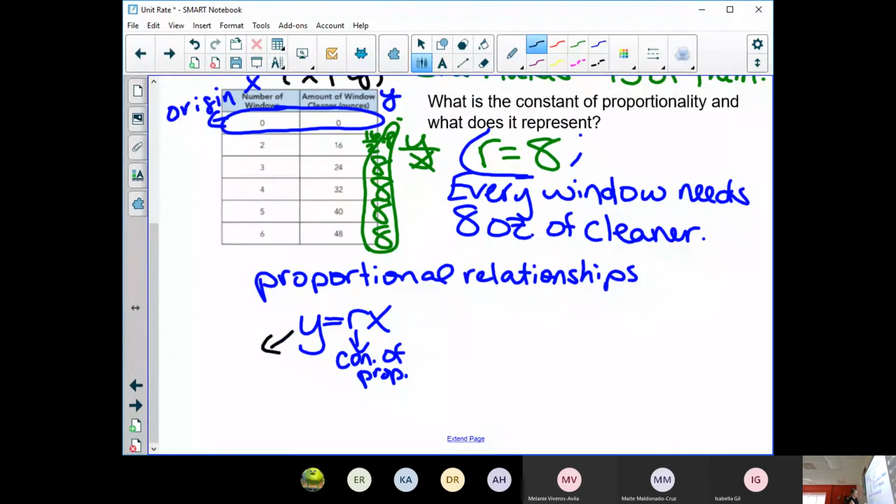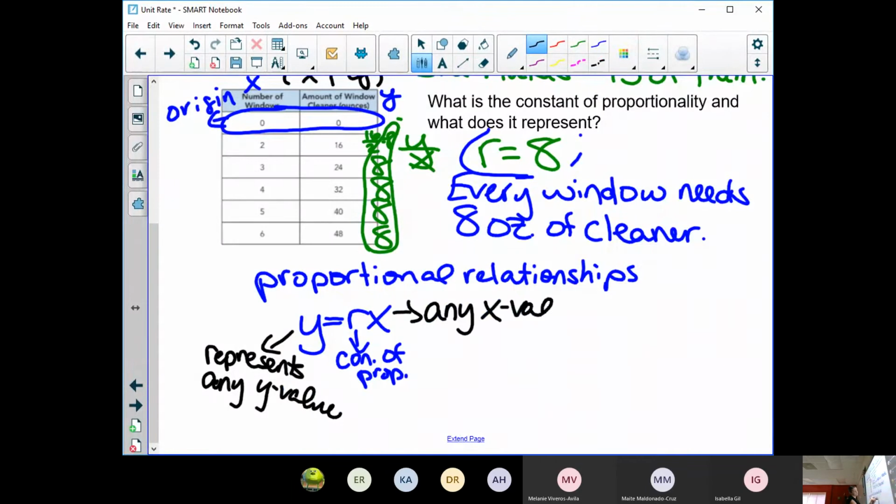Y represents any y value, and x is any x value. So once I know my constant of proportionality, my R, I can take this number and substitute it for R in my equation and just leave y and x alone.